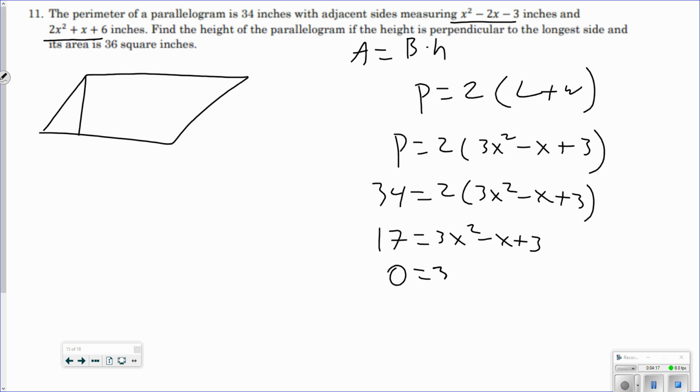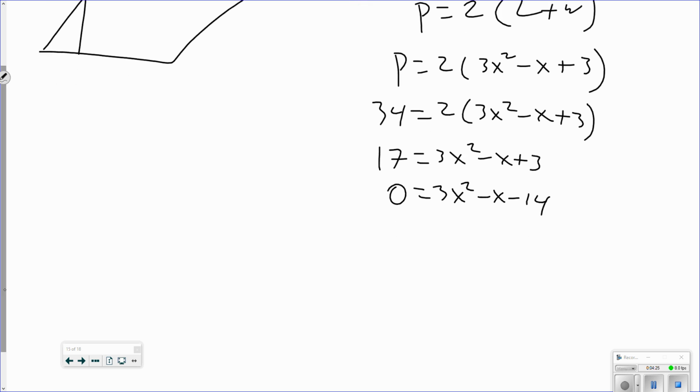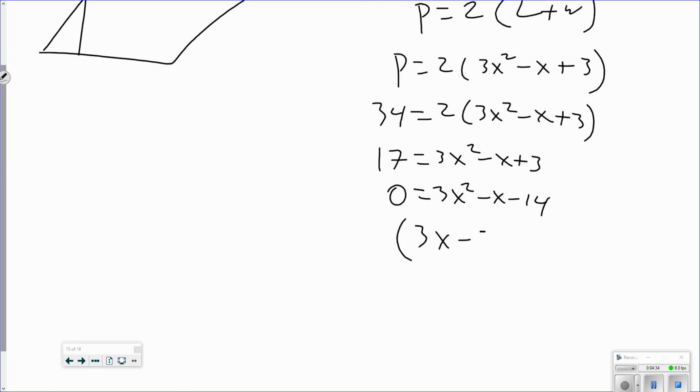Subtract the 17 over: 3x squared minus x minus 14. You can solve this by factoring or the quadratic formula, whatever you want. If you factor it, I think you get 3x minus 7 and x plus 2, and that all equals 0.